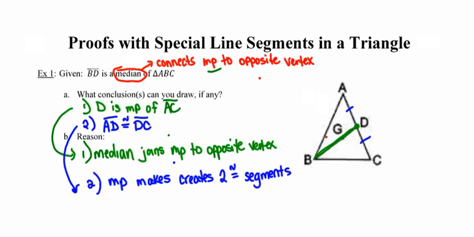And when you come to class, we'll probably use the second part of that, the two congruent segments, to take that one step further and prove triangles. But right now, what we're really trying to focus on is your knowledge of vocabulary and your ability to apply it to a picture or to a diagram.